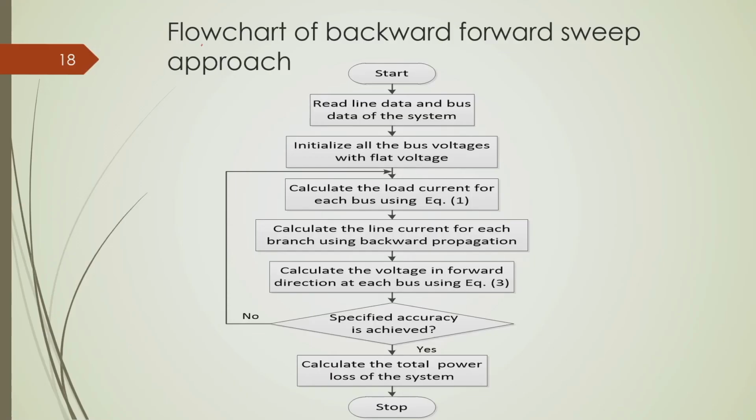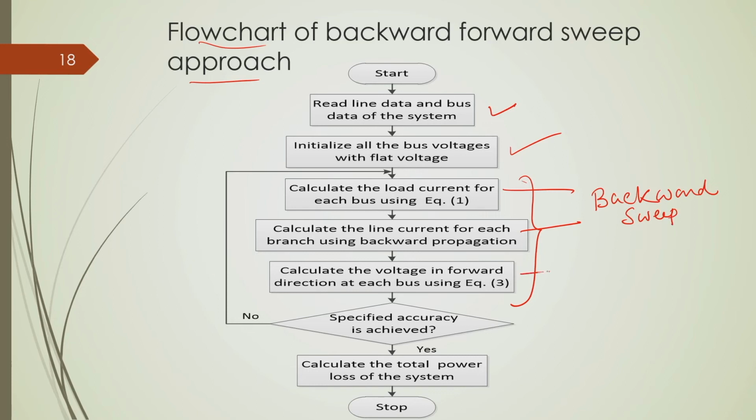This is the flow chart. You can see this flow chart is similar to the pseudocode that we have written today. We read the data file, we initialize the bus voltages with flat start. Also, we need to specify the maximum iteration and accuracy limit. Then here we perform these two steps: this is the backward sweep, and this is the forward sweep.